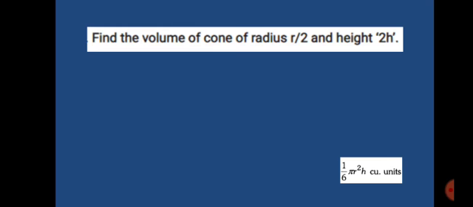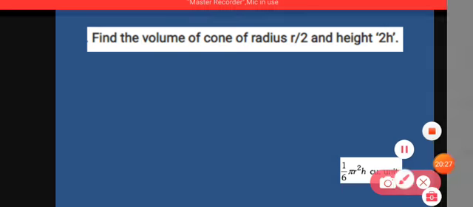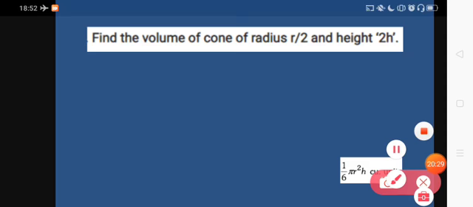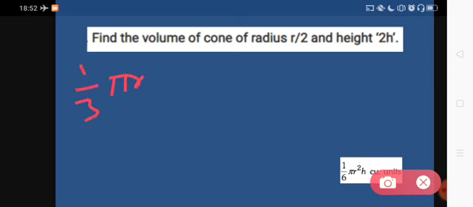Now next question. Find the volume of a cone of radius r by 2 and height 2h. What will be the formula of the volume of the cone? 1 by 3 pi r square h. Then what is the question saying? Find the volume of the cone of radius r by 2.